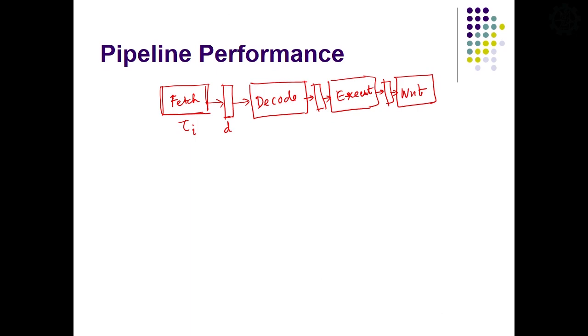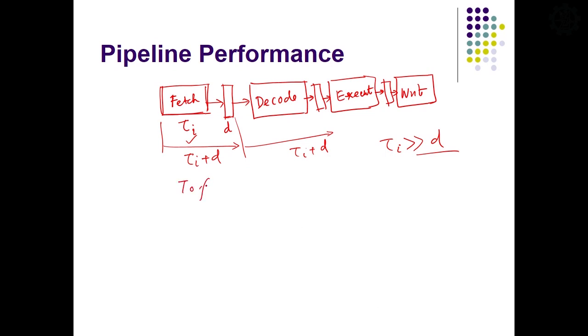Now, if we wish to execute any instruction, how much time will it take? Starting from here to here, the time will be tau plus d. Similarly, from here to here, it will be tau plus d. For simplicity we consider, and in general tau is much higher than d, the delay within the internal buffer.